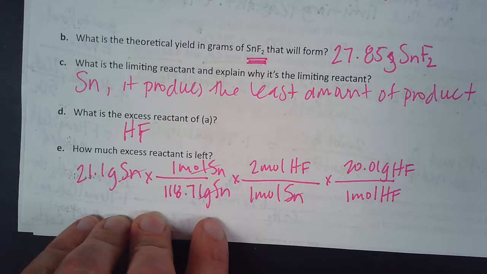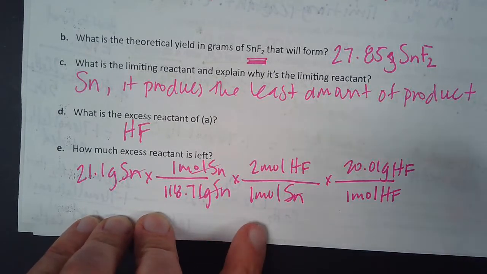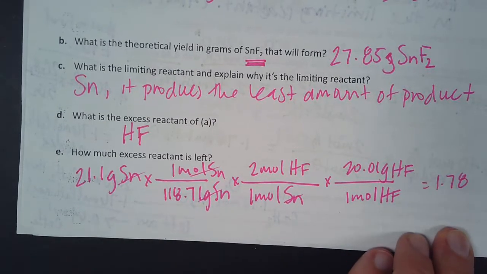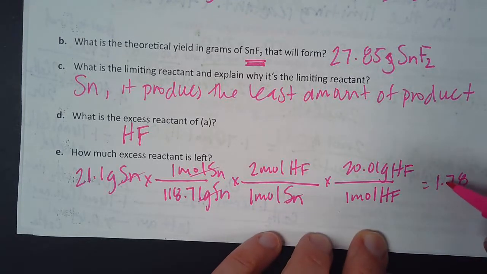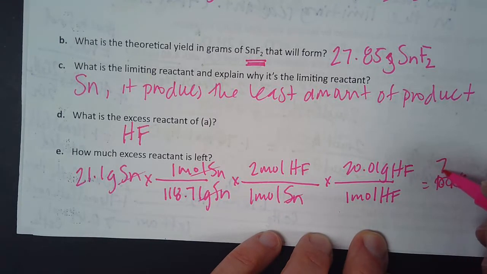So I get 1.78. Did I do this wrong? 21.1 divided by 118, I got 0.178, times 2, times 20.01. 7.11. Yeah, that's what I got. Grams of HF.